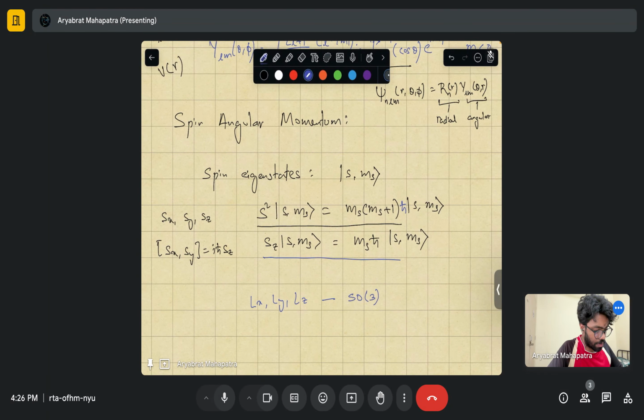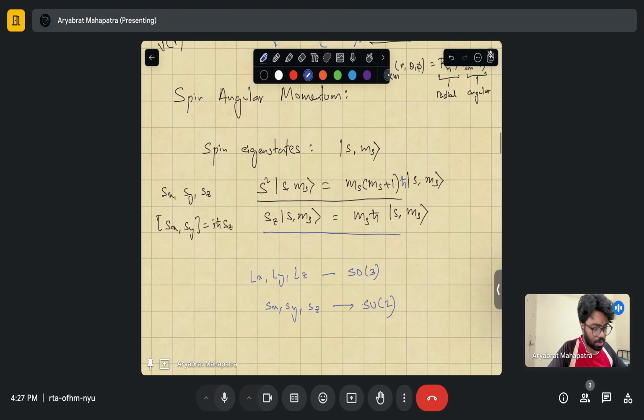And if you are talking about spin angular momentum, the spin belongs to the SU2 group. So these are basically the generators for SU2.